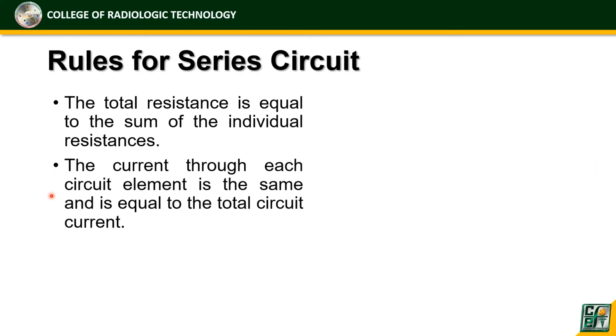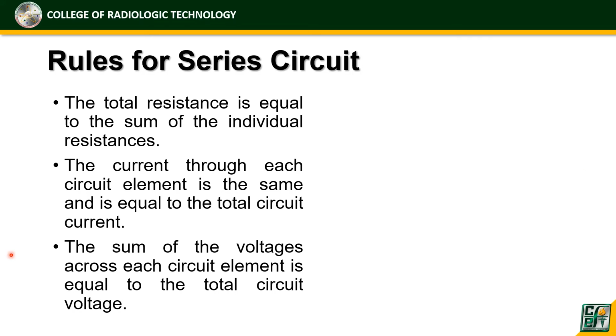Then the total current through each circuit element is equal and the same as the total circuit current. And lastly, the sum of the voltages across each circuit element is equal to the total circuit voltage.